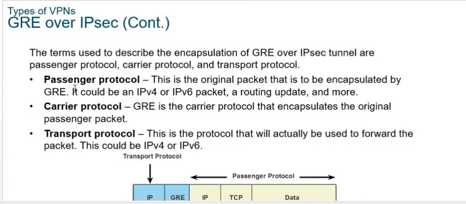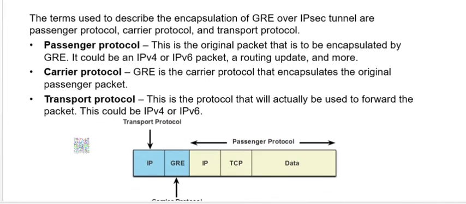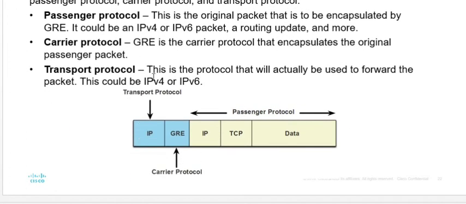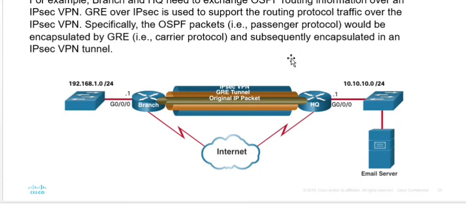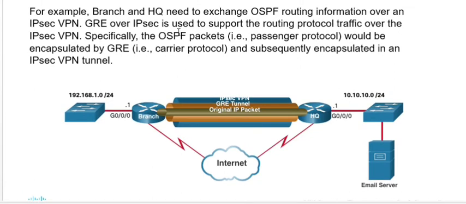So GRE in the terms described, again, encapsulates our protocols, but allows us to add IPsec if we want to secure it. So you can see that they have a transport layer protocol here. The purpose of an IPsec VPN or GRE over IPsec is to support the routing traffic from one site to another.